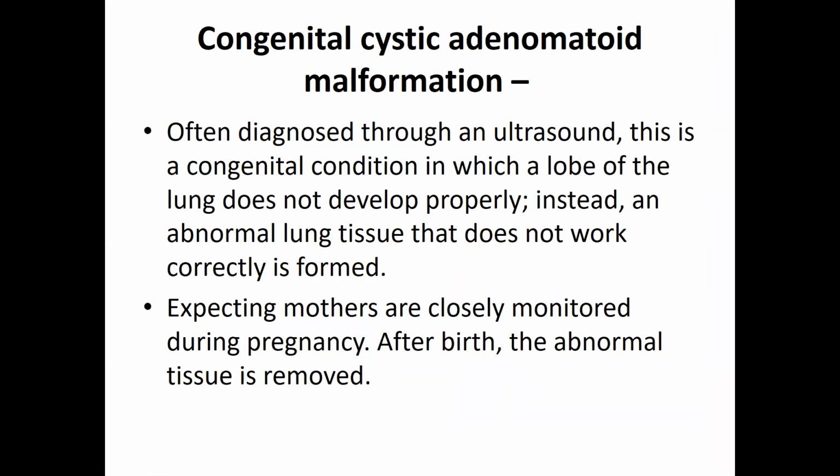Another is cystic adenomatoid malformation. Okay, so what will happen? Some part of the lung, usually diagnosed through ultrasound during congenital anomaly scanning, beside the normal lung tissue, some lung tissue will be abnormally replaced by cystic lesions.